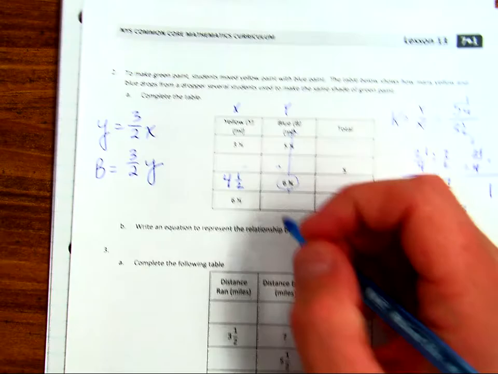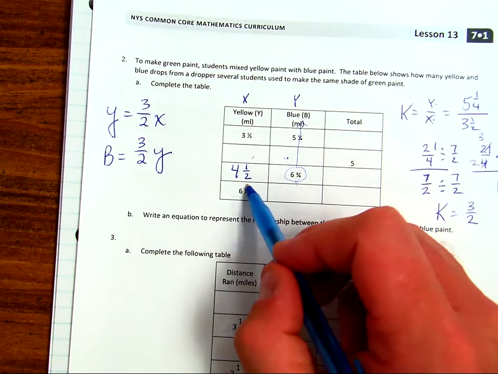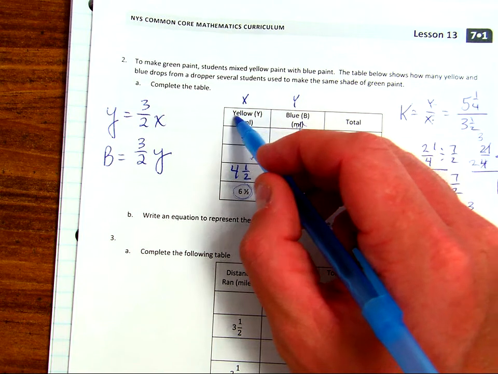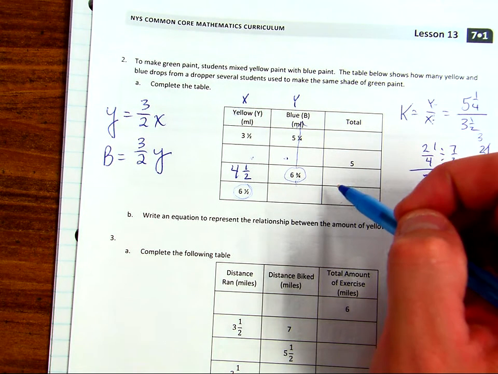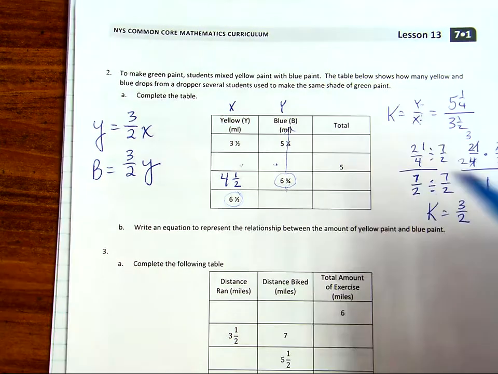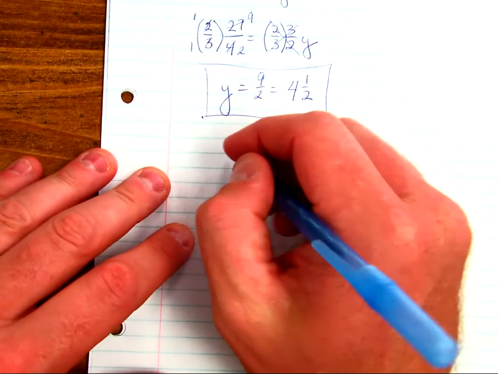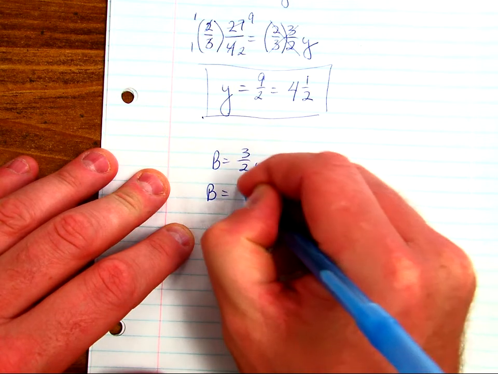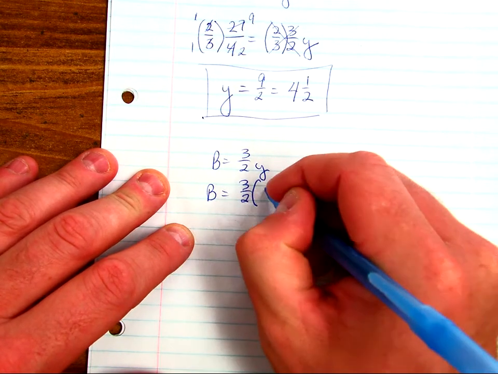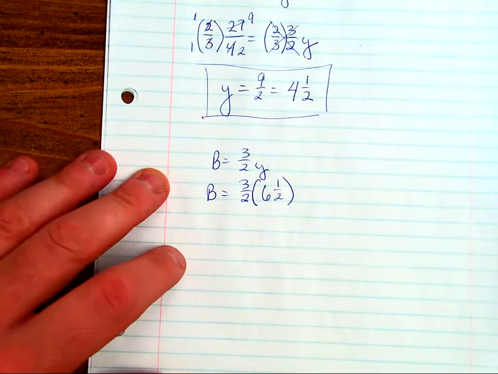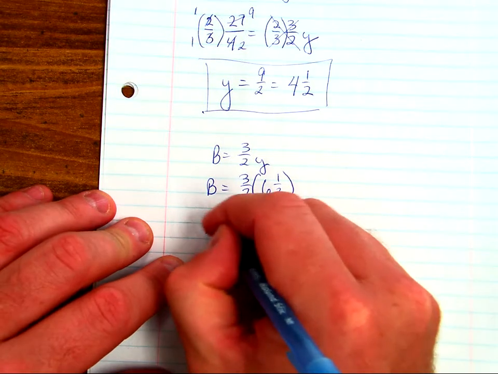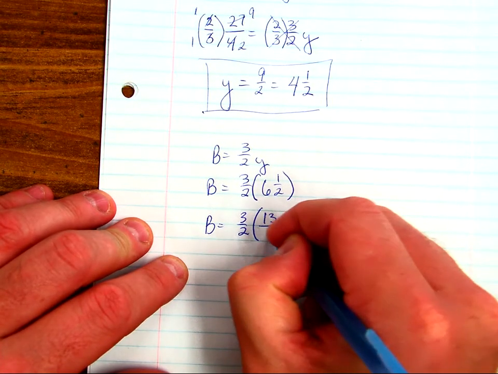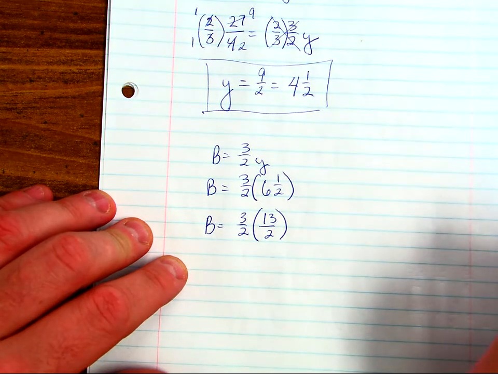To finish this table off, the 6 1/2 would be substituted for the letter Y, for yellow. And then you would simply take the same equation, substitute the 6 1/2, convert the 6 1/2 into an improper fraction, and multiply.